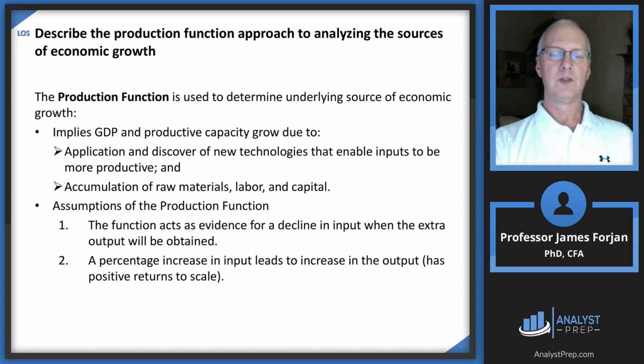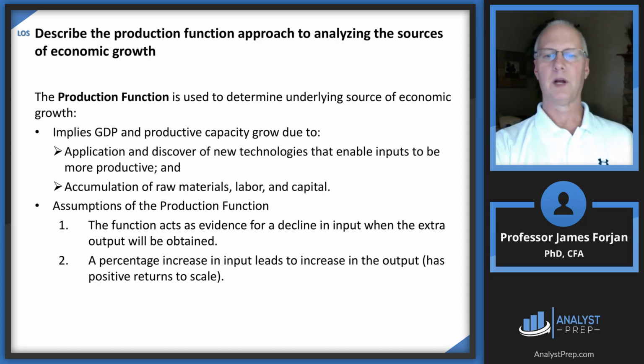GDP and productivity grow typically due to the discovery of new technologies and an accumulation of raw materials, labor, and capital, which means you have this human capital, these really smart men and women who are figuring out ways to more efficiently manage their raw materials, their machinery, and the workforce, in addition to advancing technology in computing and in machinery and in equipment and utilizing solar power and all sorts of stuff.